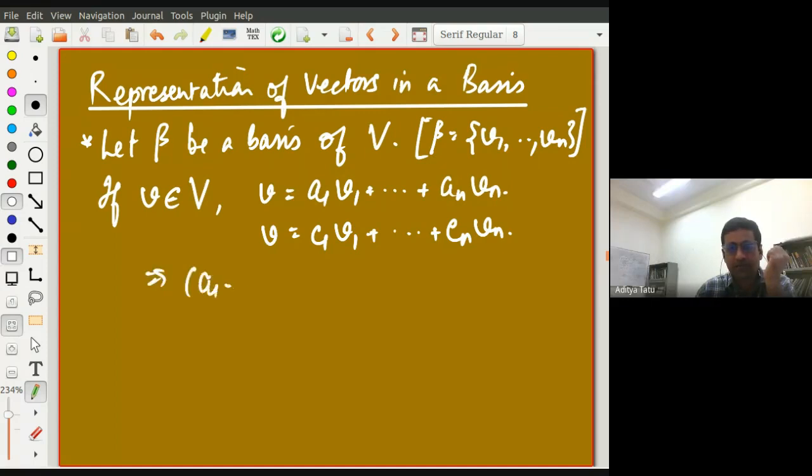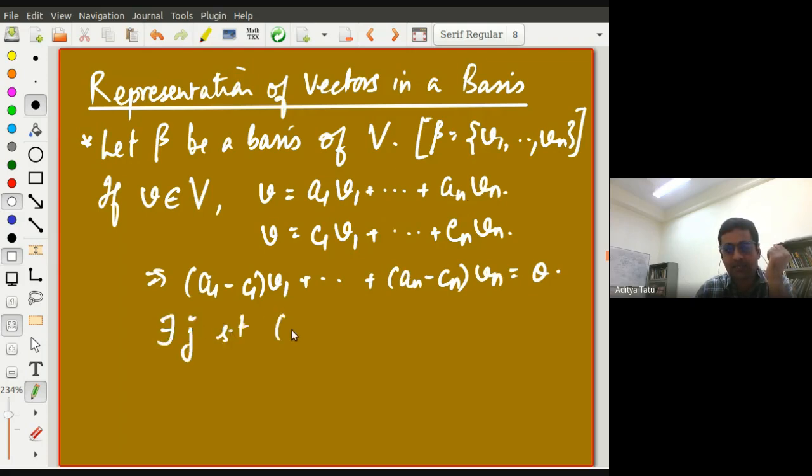So this would imply that a1 minus c1 times v1, and so on and so forth, an minus cn times vn could be theta. And since we have assumed these linear combinations are distinct, there exists at least a particular j such that aj is not equal to cj, which implies that beta is not linearly independent.